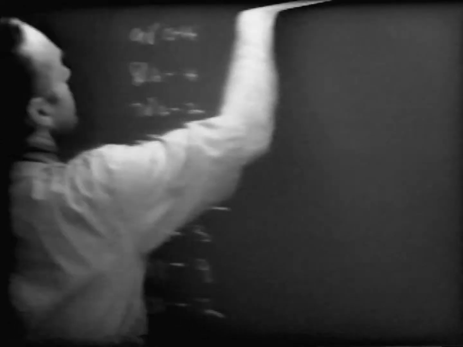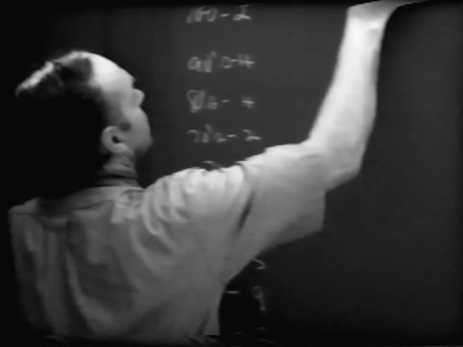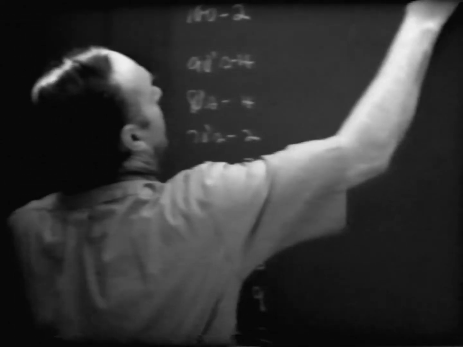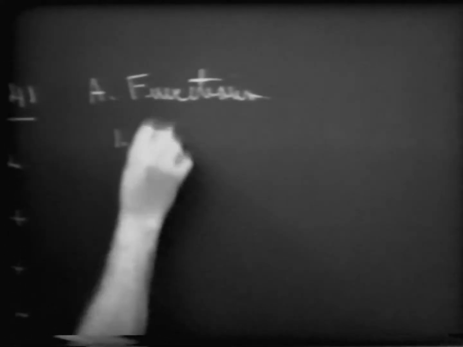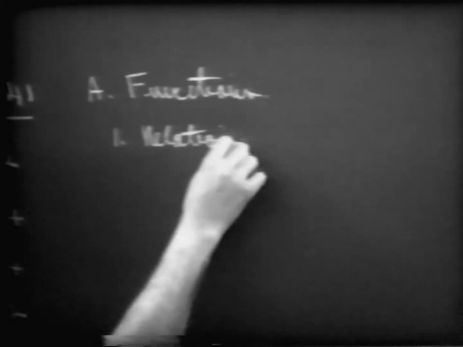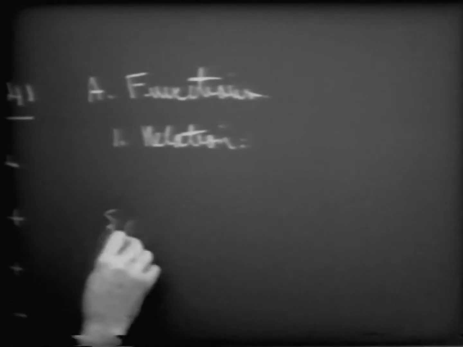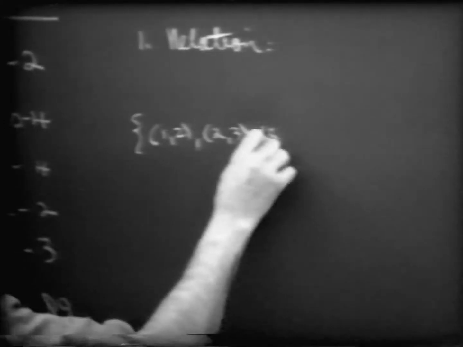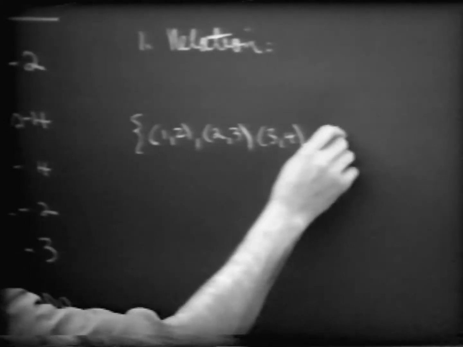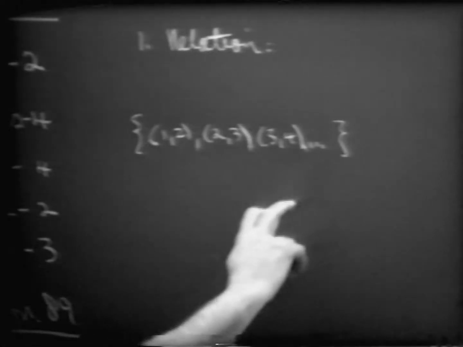Ideas that we had in this chapter had to do with functions. Before we actually started to look at a function, we looked at that idea which we call a relation. Let me write down ordered pairs such as (1, 2), (2, 3), (3, 4), and then I'll indicate that we have an infinite set here.